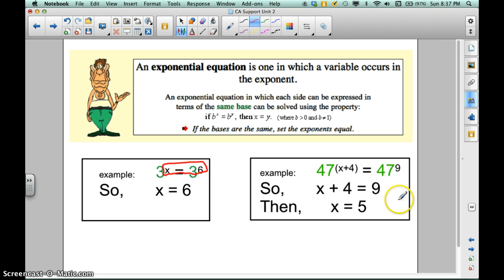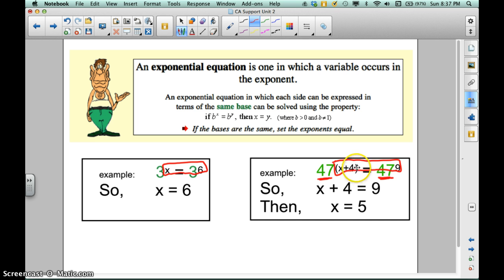If you look at this other example here, we also have an exponential equation where the base on the left is 47 and the base on the right side of the equal sign is also 47. And since those bases are the same, then whatever their exponents are, they have to be equal to each other.